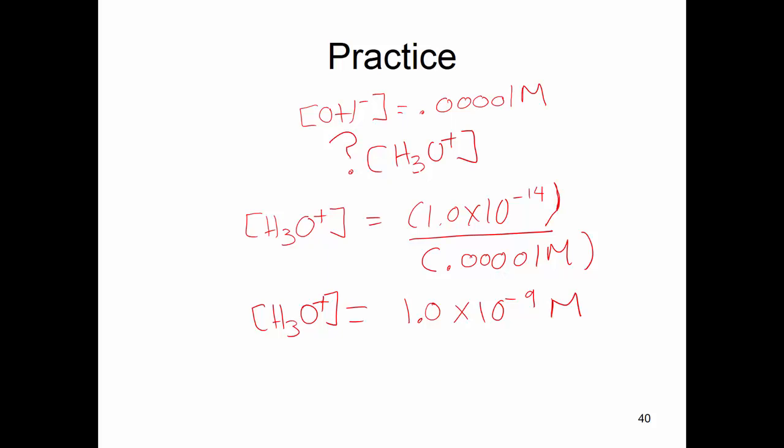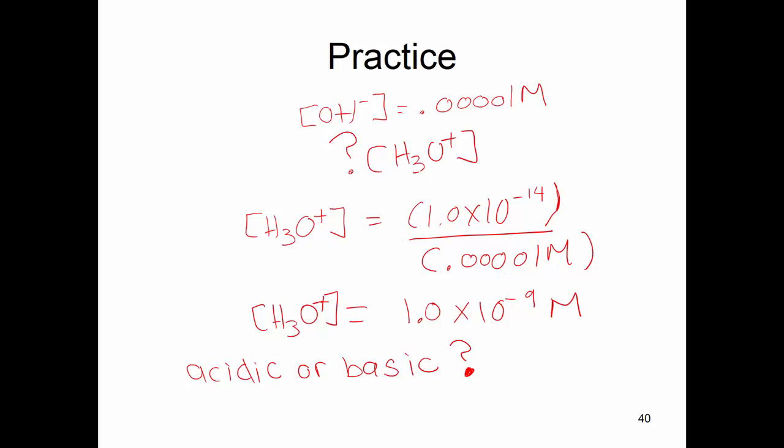Okay, so let's think about this. Is this solution acidic or basic? I'm going to look at this right here. I see that hydronium is times 10 to the negative 9. I know negative 7 is neutral, right? That's what we've been saying over and over about water, and that means neutral. So negative 9 is a smaller number, right? So that means I have less hydronium concentration.